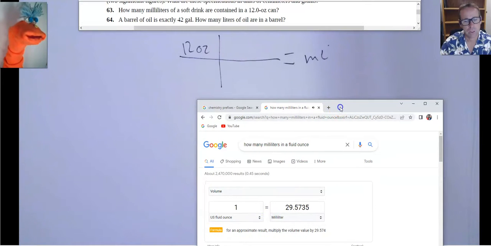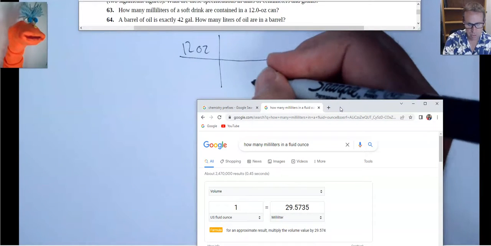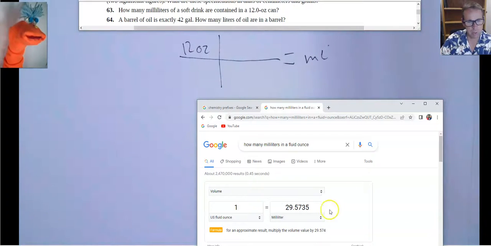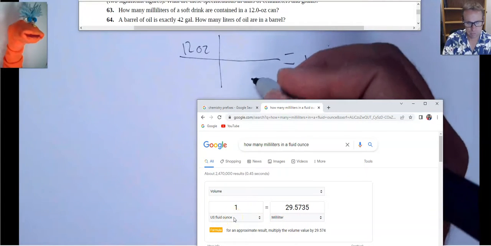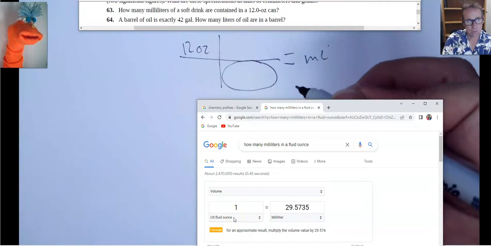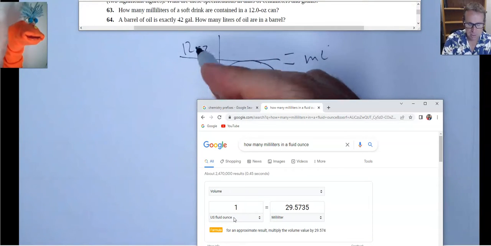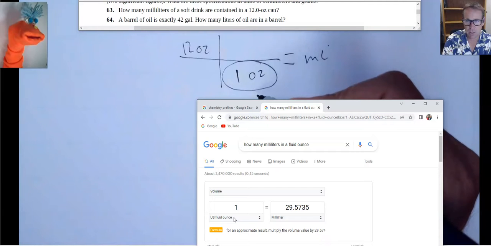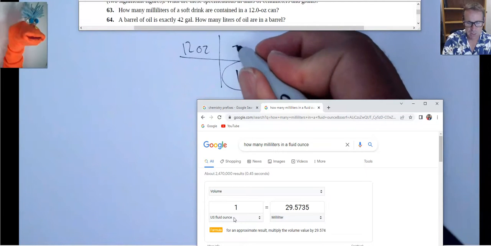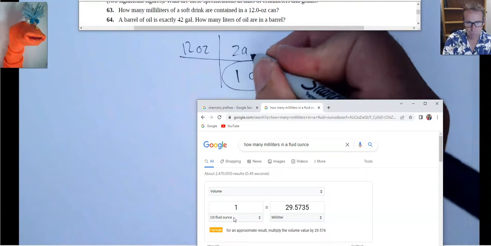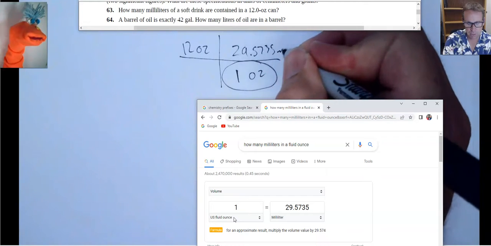All right. So what goes down here, the 29.573 milliliters or the 1 fluid ounce? That has to be the ounces, because we need our ounces to cross out, right? And so then this has to be the milliliters, 29.5735 milliliters.